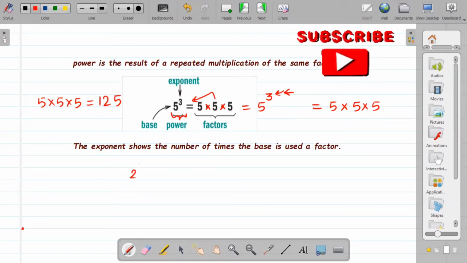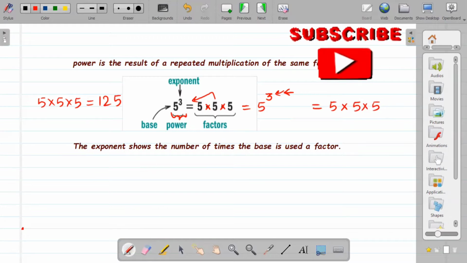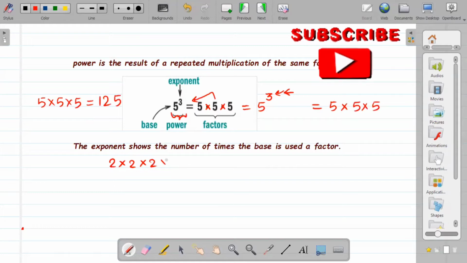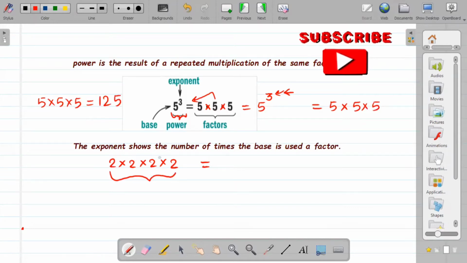Let's just have one more example. If I have 2 multiplied by 2 multiplied by 2 multiplied by 2, without calculating the value, without multiplication, I can write this number in the short form.